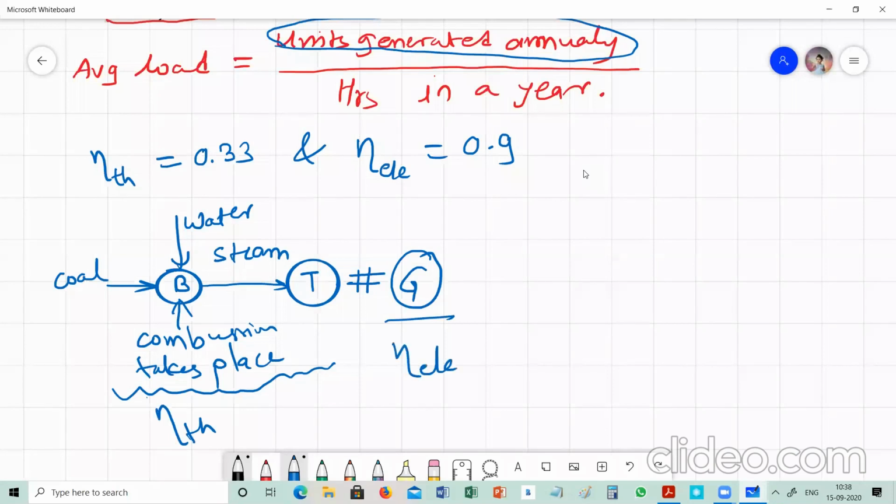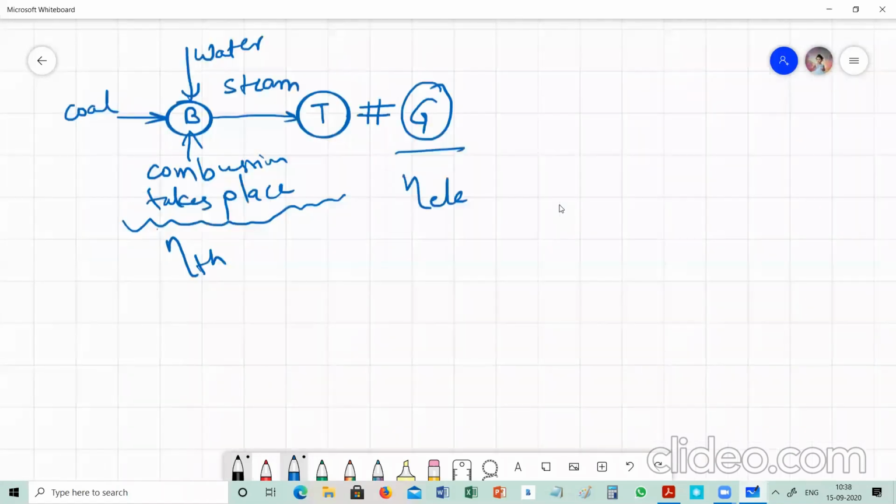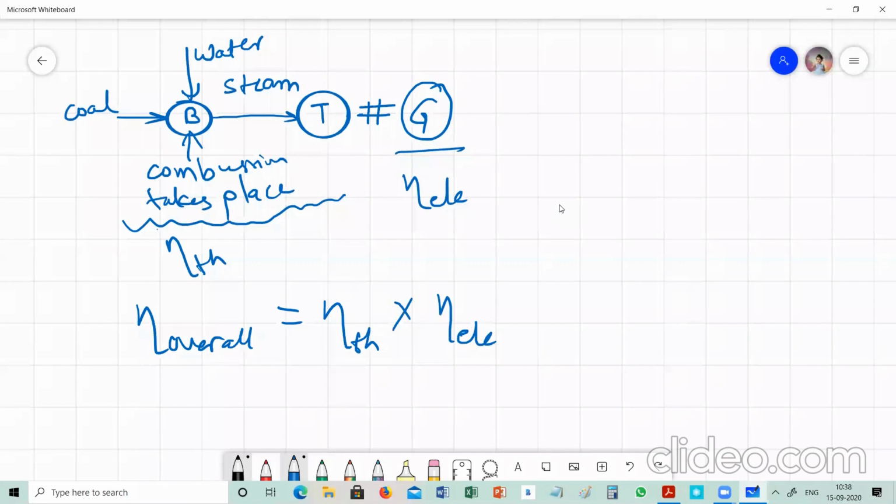If you observe this, we can see that they are in series, and when such processes are in series, the overall efficiency will be the multiplication of the individual efficiencies. Means eta overall is equal to eta thermal into eta electrical.